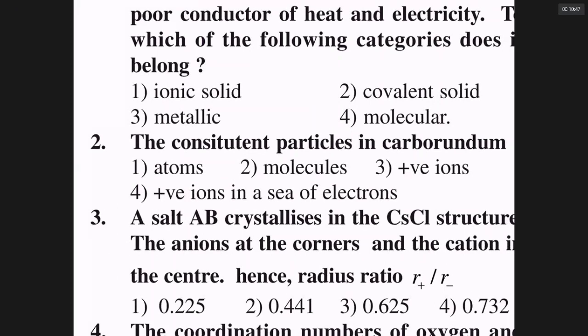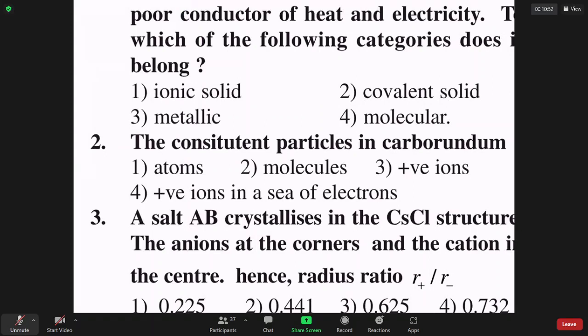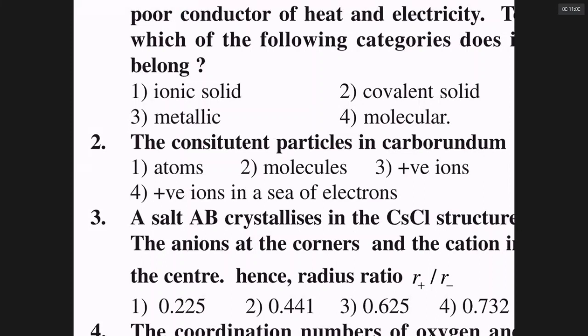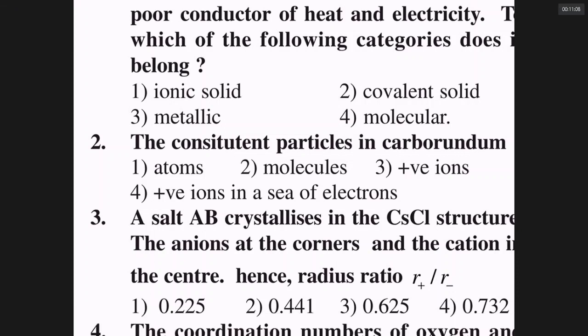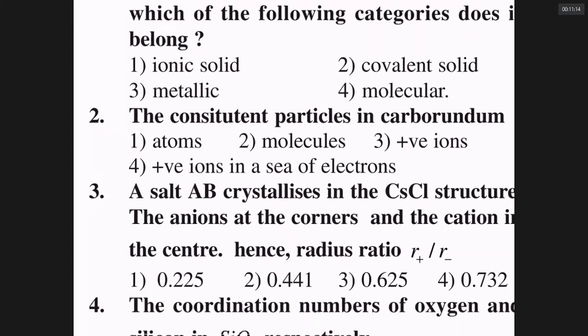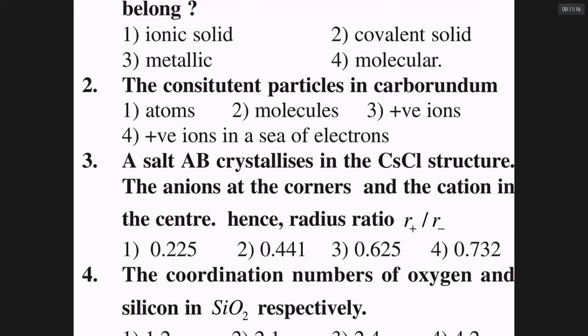Actually, the atoms are bonded like a covalent network solid. Silicon carbide has a very high melting point and is the hardest material after diamond. It is a covalent network solid, with atoms bonded three-dimensionally.